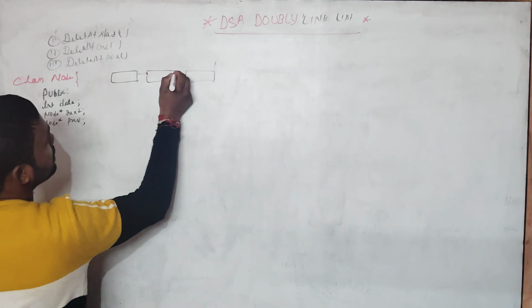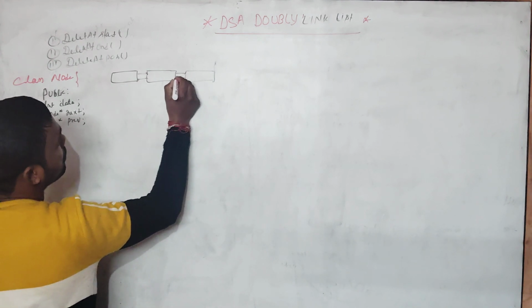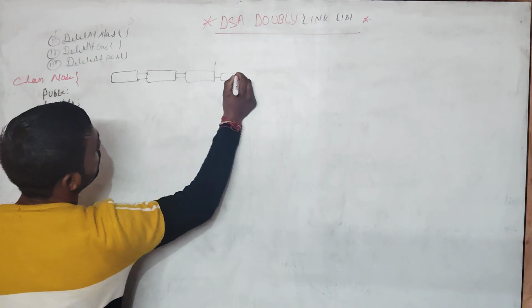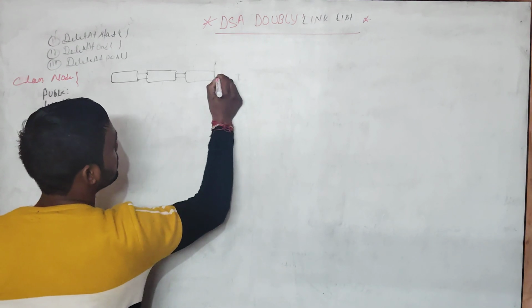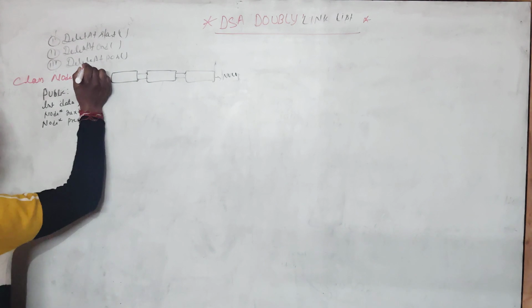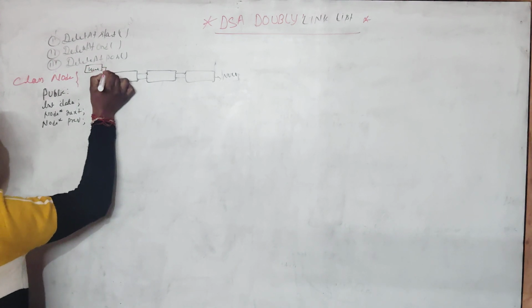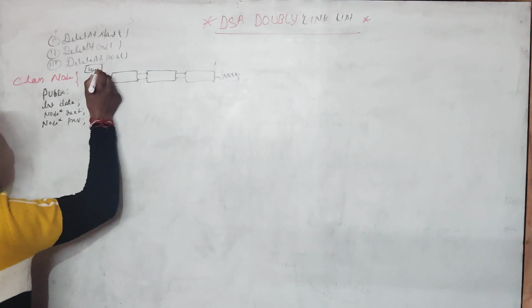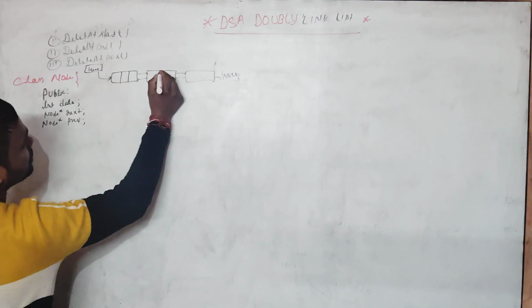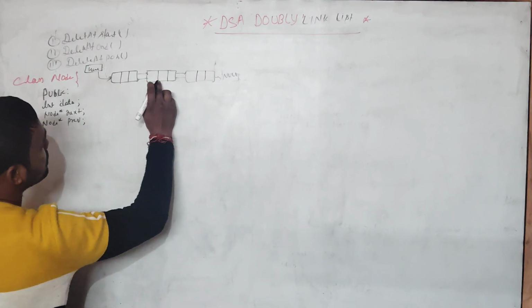This is our tail, which is null, and this is the head. In a double linked list I have two parts.